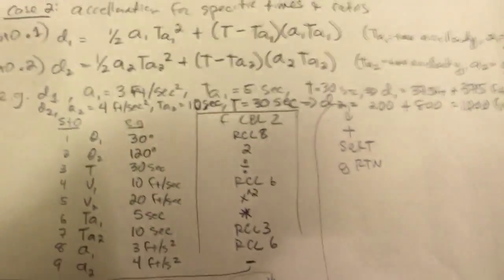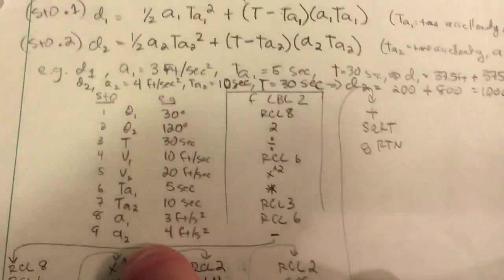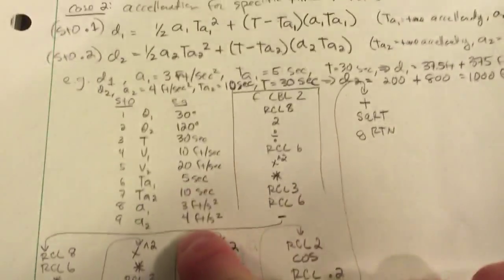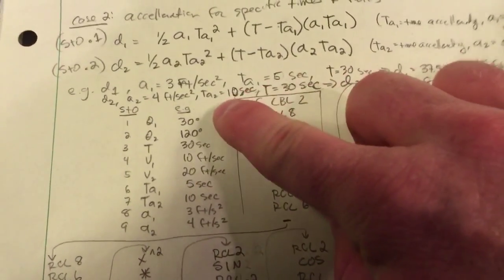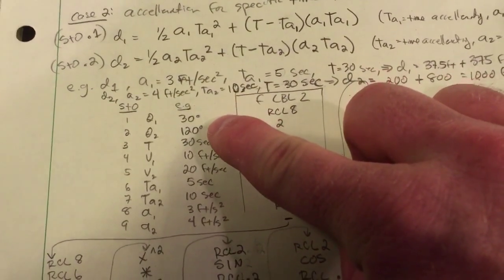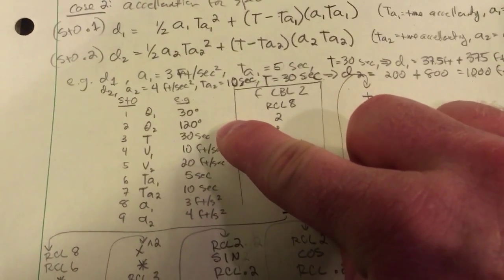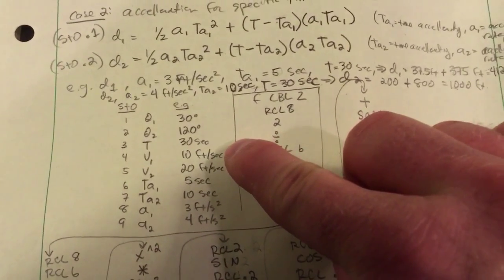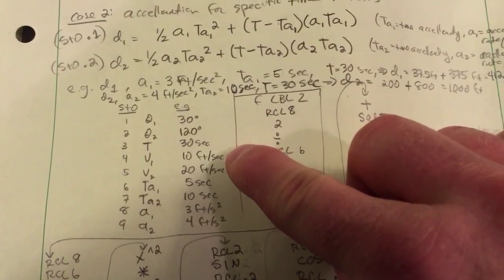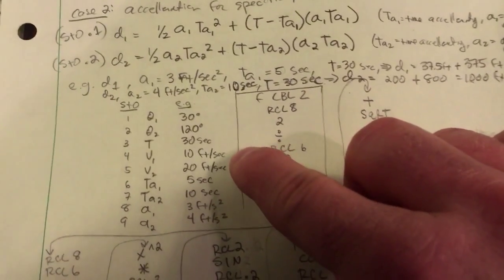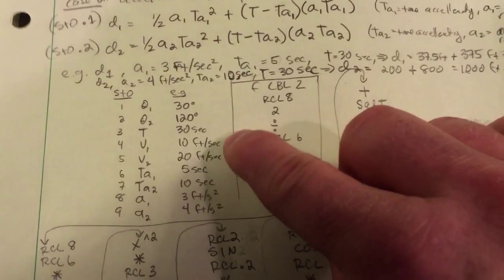Oh, and the way I've written the program is, here are the storage registers. In storage register 1 is theta 1, 2 is theta 2, 3 is the total time that you're questioning here. 4 and 5 you can ignore, because that's the case where there's a constant velocity.